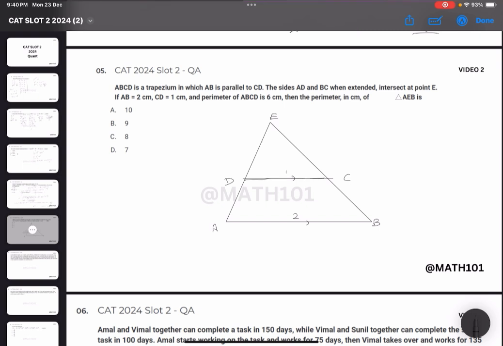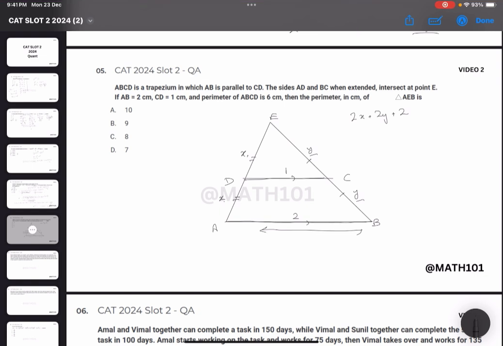So this is parallel to this, and this length DC is half of length AB. So by midpoint theorem we get this indeed is the midpoint. So D is midpoint of AE and C is midpoint of BE. So if this length is x, this length becomes x, this length is y, then this length becomes y. We are required to find 2x plus 2y plus 2, because the perimeter of triangle AEB would be x plus y plus length AB, which is 2.